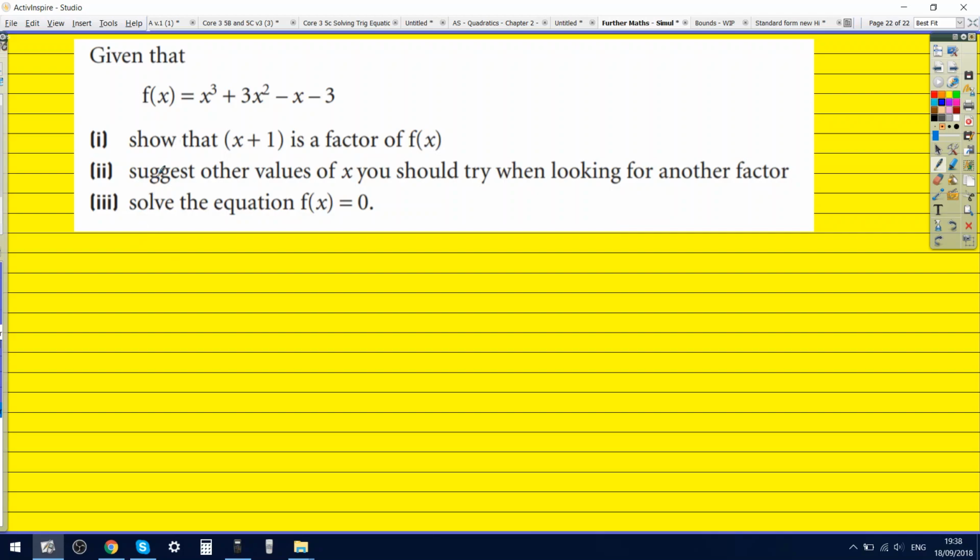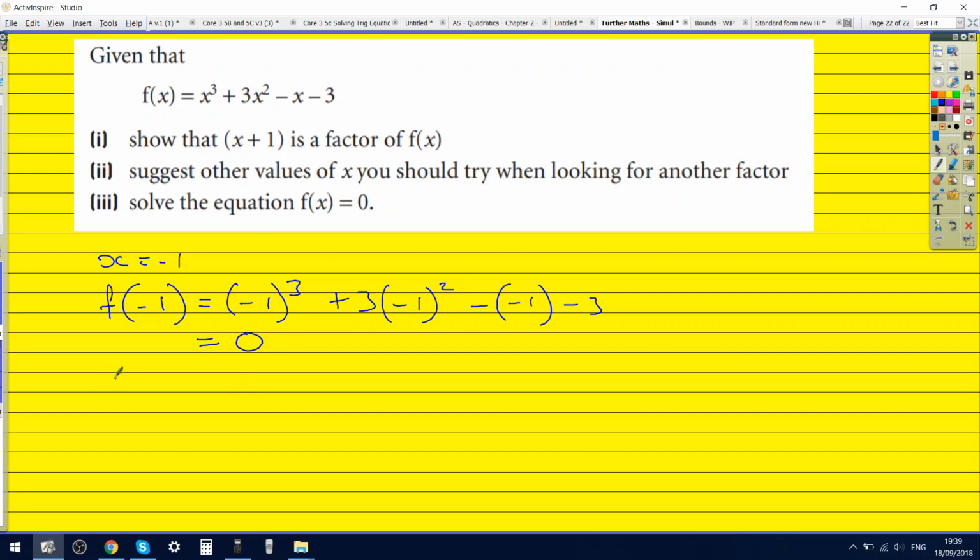So how would you show that x plus 1 is a factor, or that x equals -1? X is -1. We'd have the f of -1. Correct. And what answer do you expect to get? We would get here 0, I think. Yeah, you should. Because they told us that it's going to be a factor, then I already know it's 0. I mean, I don't know it, but they told me it is.